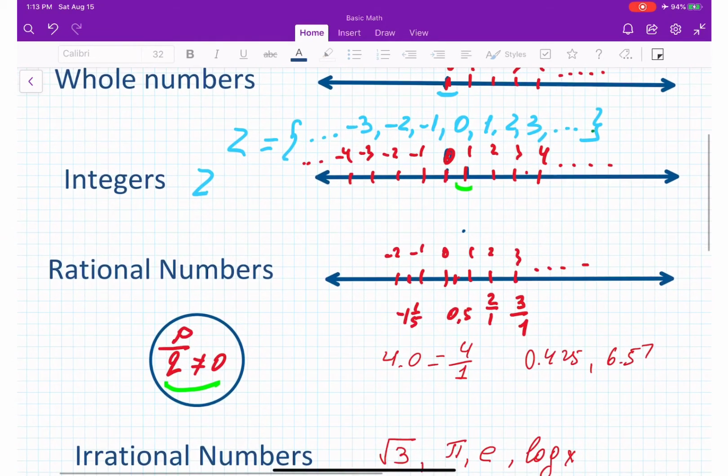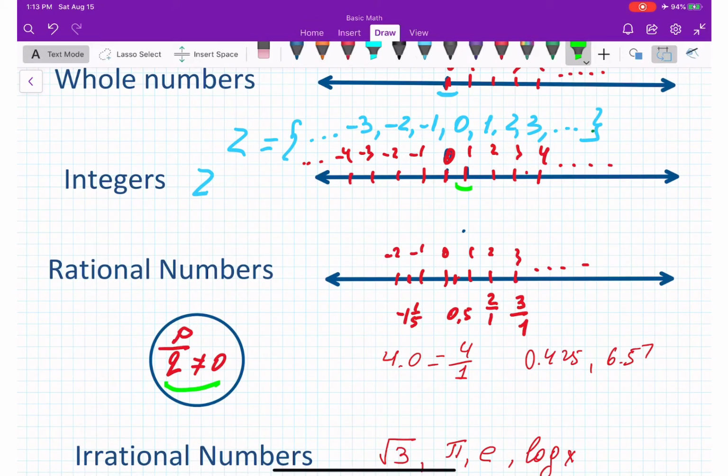So for example, I mark down here, if I have 4.0, it's the same thing, or 4, right? I can write down it's equal 4. Since as long as I can represent 4 over 1, right? That means it is rational. Next, 0.5, it's right here.